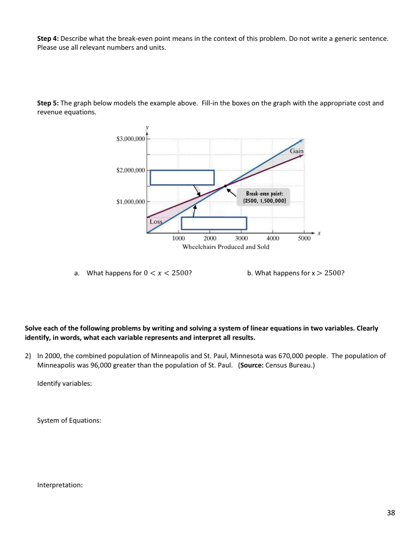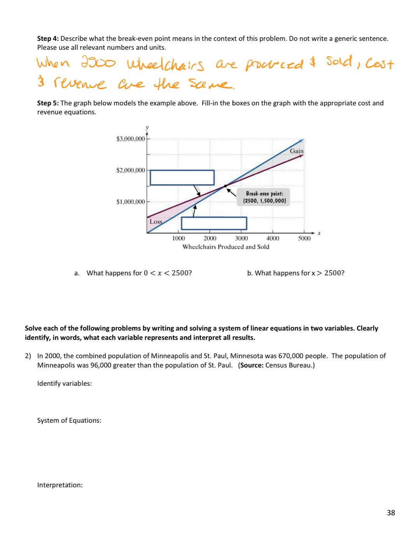Describe what the break-even point means in the context of this problem. So it means that when 2,500 wheelchairs are produced and sold, cost and revenue are the same. Cost equals revenue.